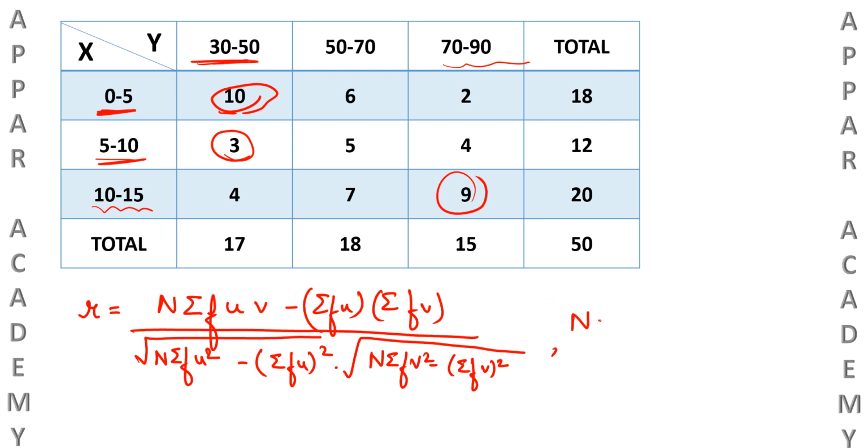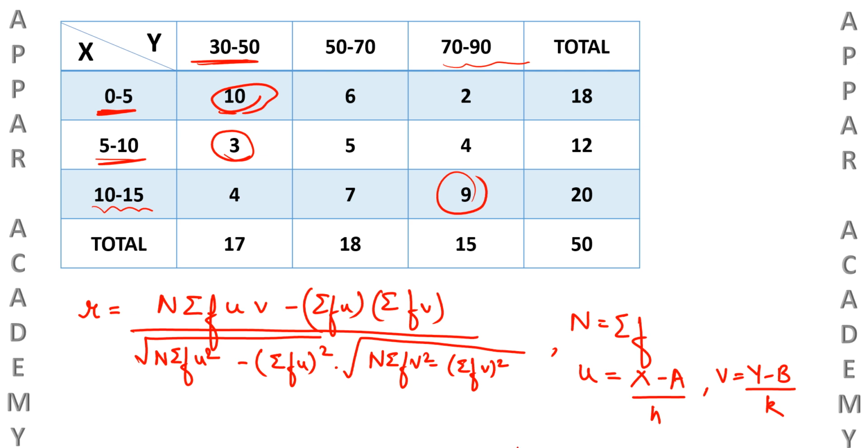Here n represents summation f. This is the basic formula that we've already seen in our previous videos. What is u over here? u is simply x minus a upon h, and v is y minus b upon k.